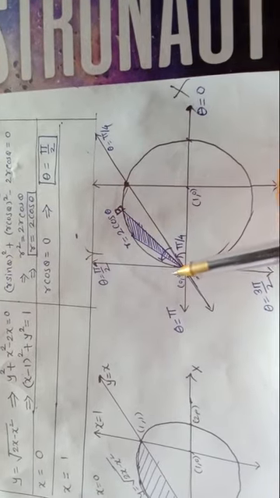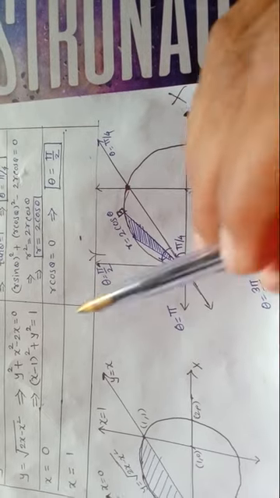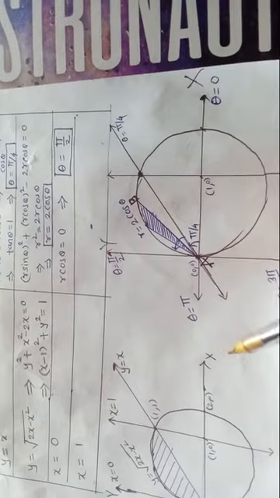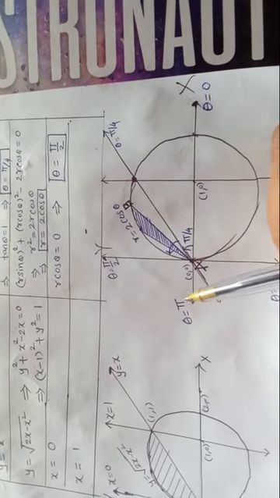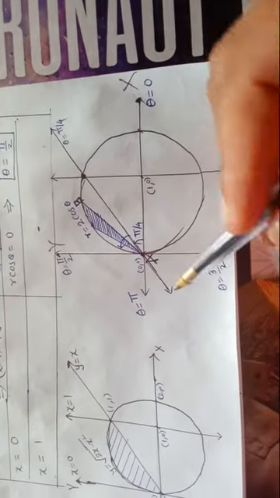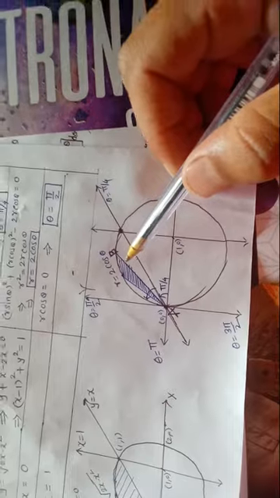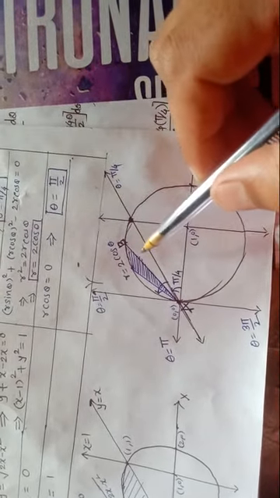And we know that on the x-axis at the RHS side your theta is 0. Similarly, on the y-axis upward side your theta is pi by 2. On the x-axis LHS side, theta equals to pi, and at the lower side of the y-axis theta is 3 pi by 2. Here we have to find the limits of integration in terms of r and theta.